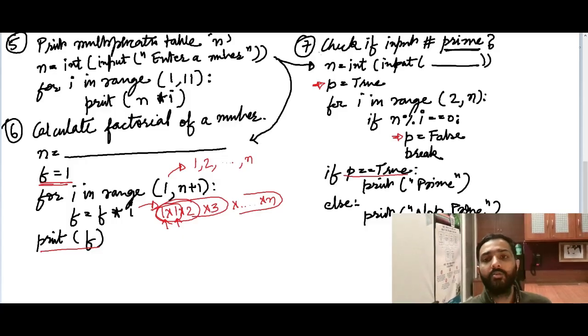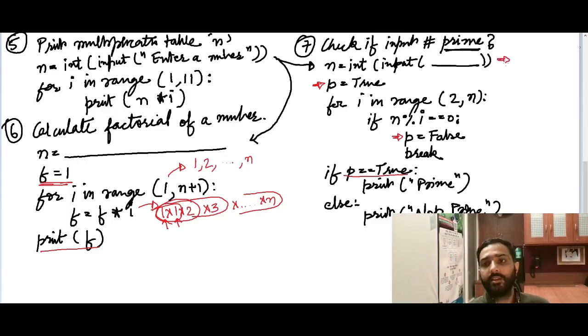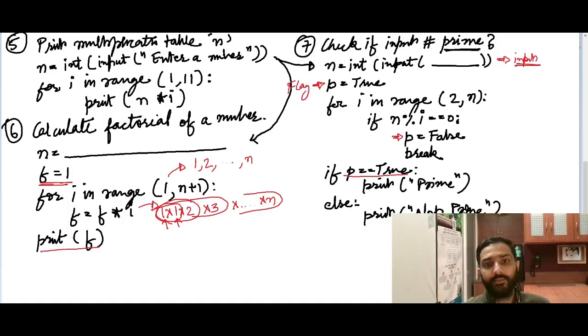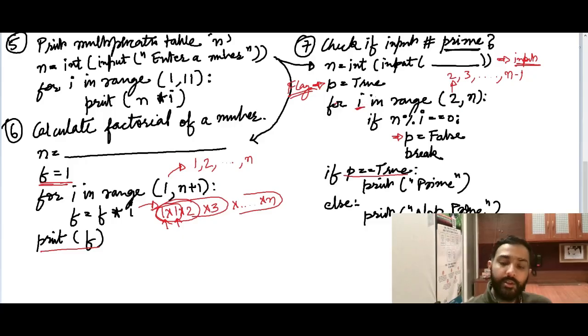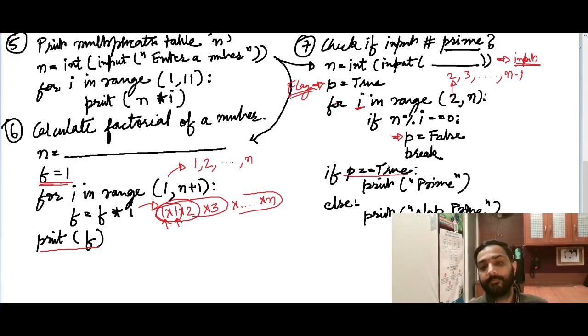In this line we are taking the input from the user. Here we are initializing a flag variable. The loop starts with 2, 3, and so on till n minus 1. These numbers will be generated and assigned to i on each iteration.